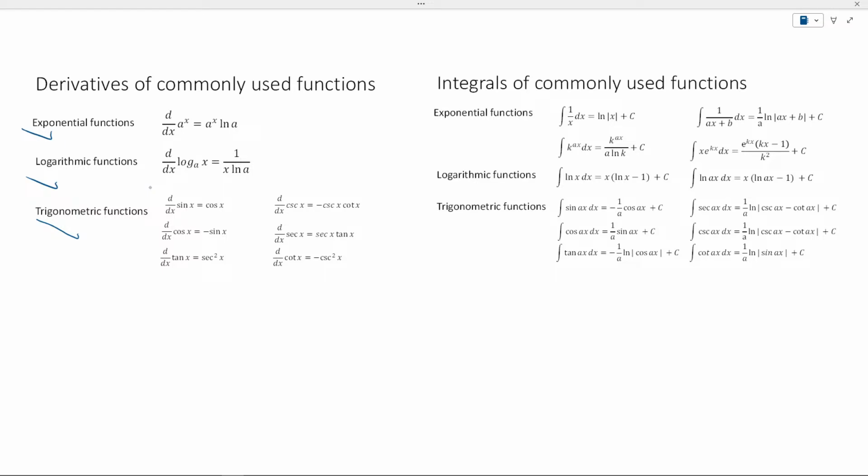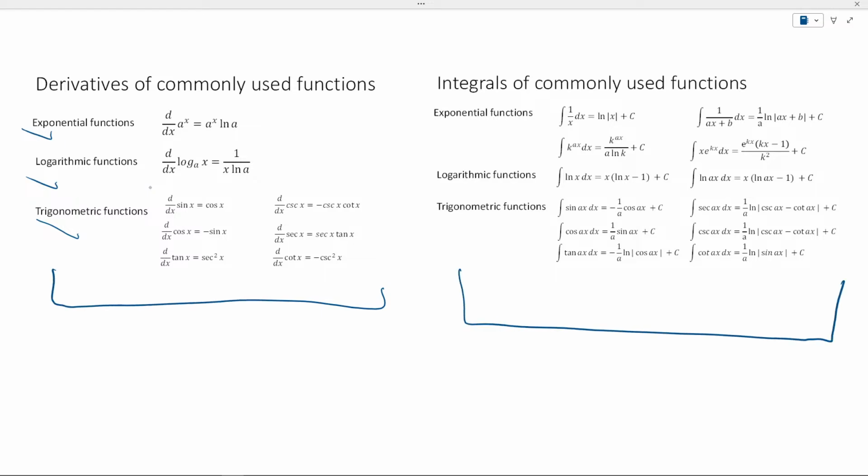Instead of deriving them from first principles, you can just use this handy formula. I want you to pause the video for a minute and look. This is the derivative, and these are the antiderivatives. I want you to see the similarity, how these mirror one another, the derivative and its antiderivative.